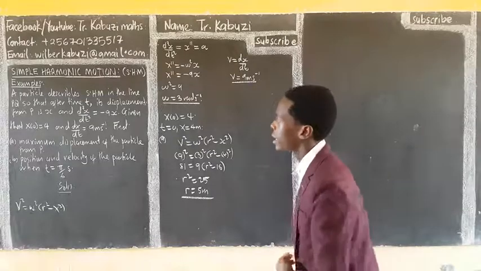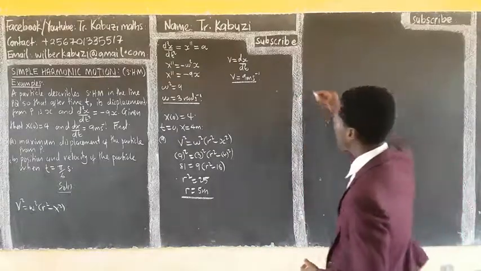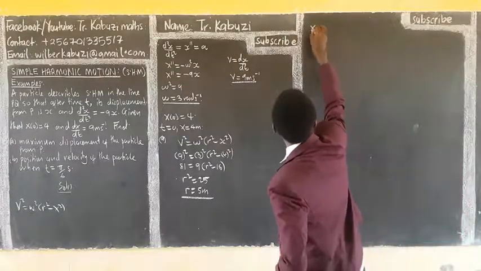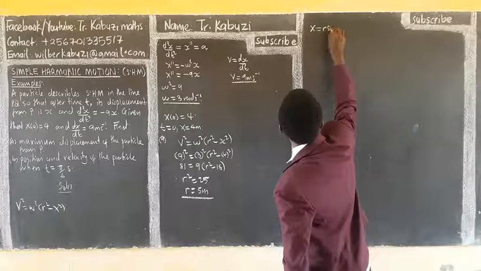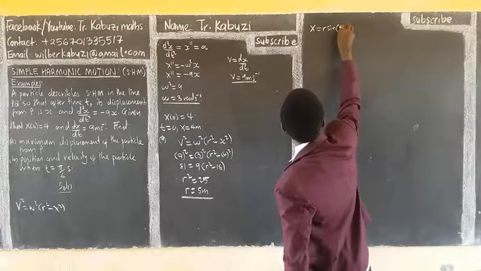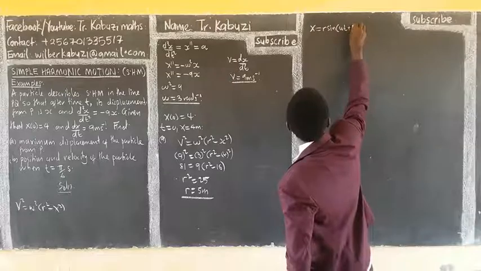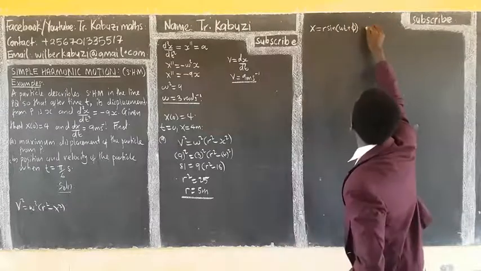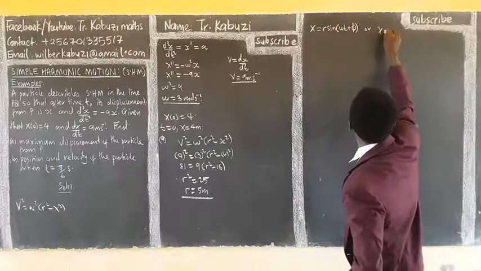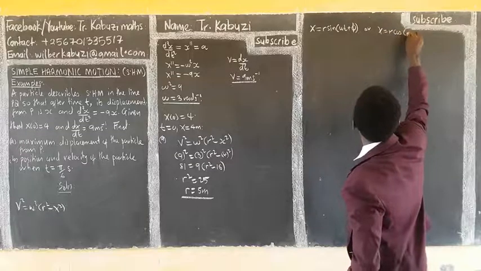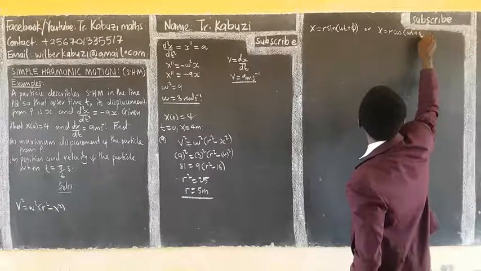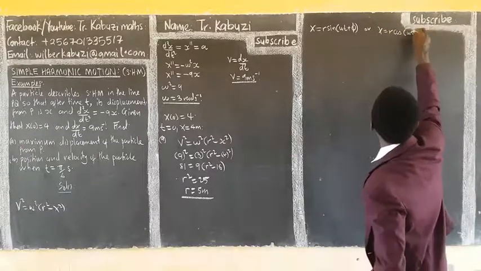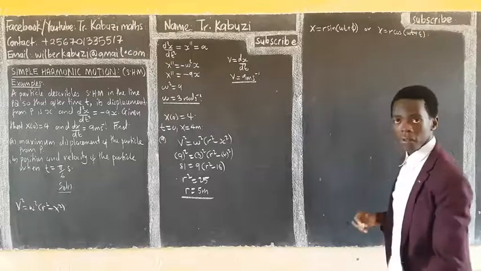So we can either use x equal to r sine of omega t plus a phase constant, or x equal to r cos of omega t plus that. Either one will give you the answer.